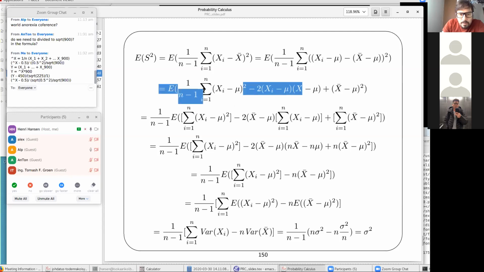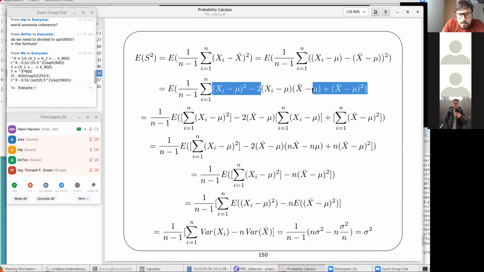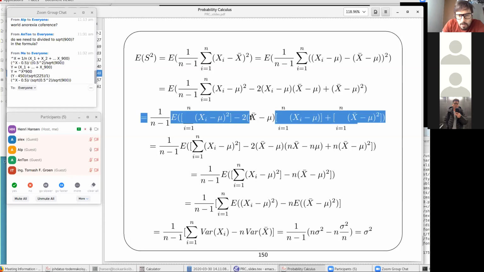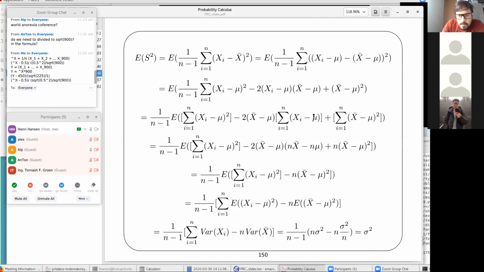This one is separated as a separate sum, this one is separated as a separate sum. This middle one now doesn't depend on xi, so it becomes a multiplier, and then we're adding these. And then this one is added to itself n times, so it's simply n times that.